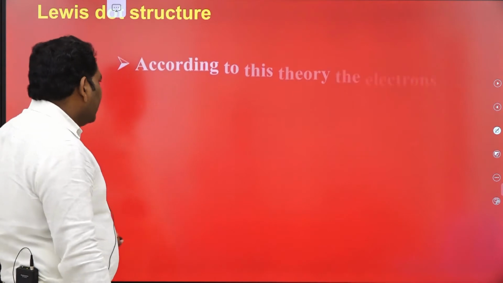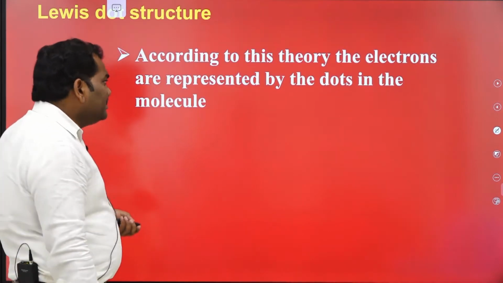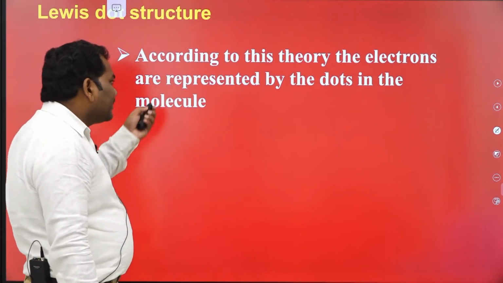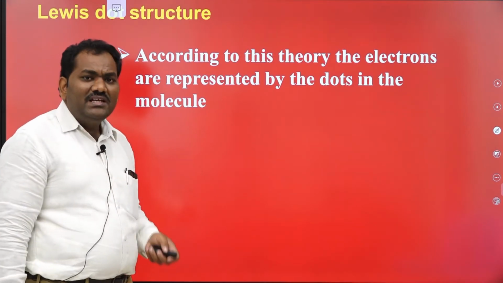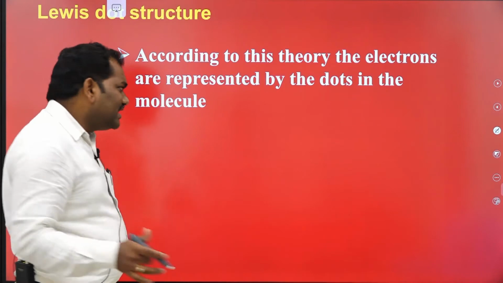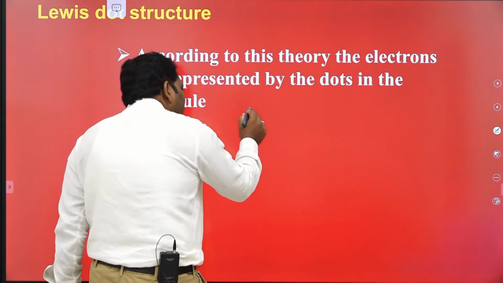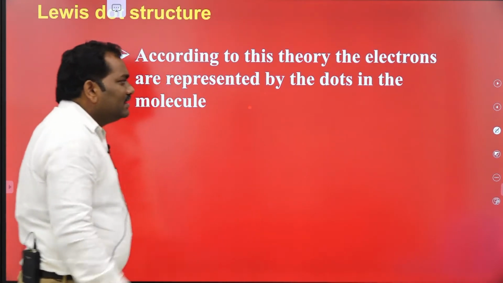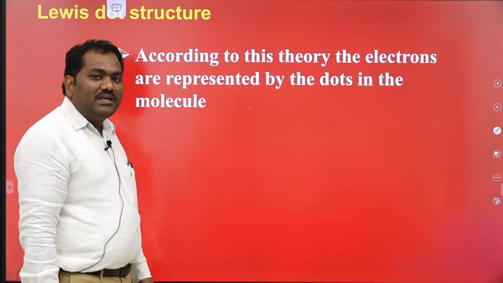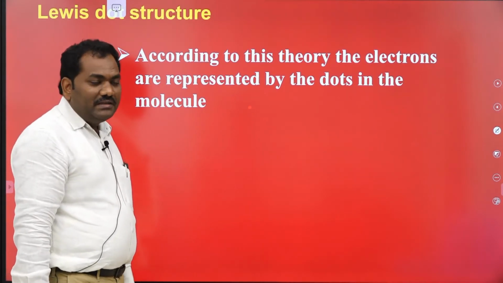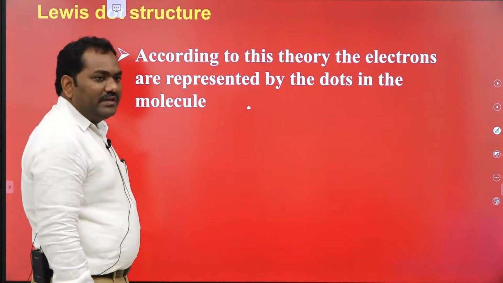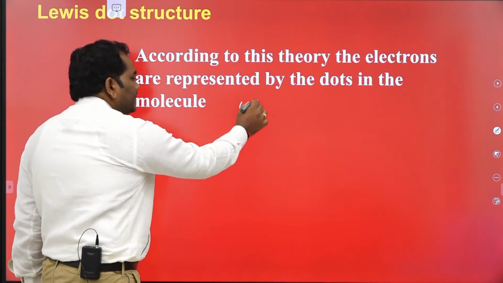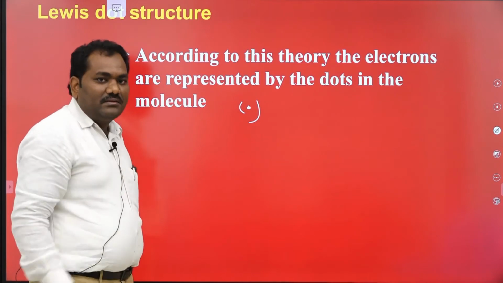According to this theory, the electrons in a molecule are represented by dots. The electrons are represented by a simple dot like this. Each dot represents one electron.